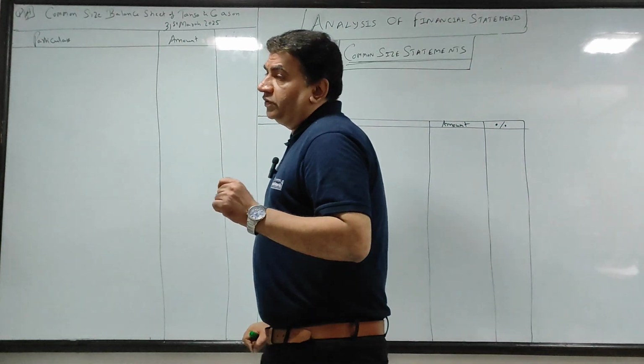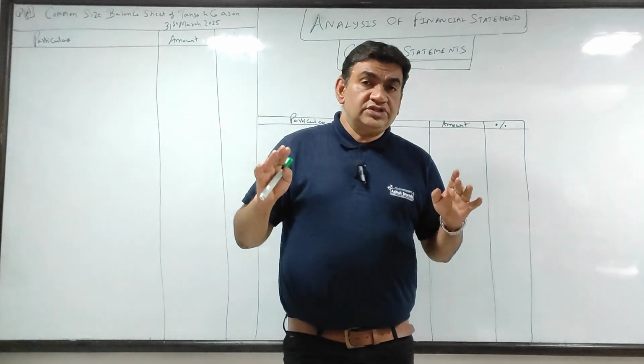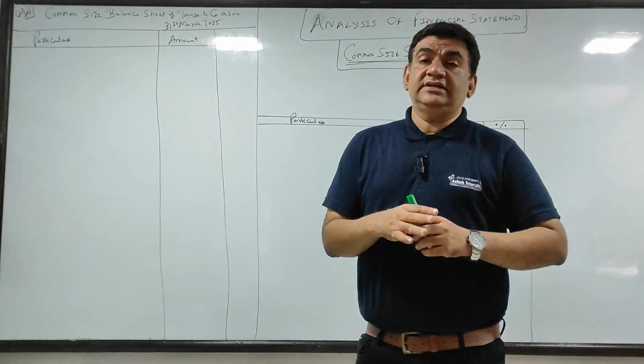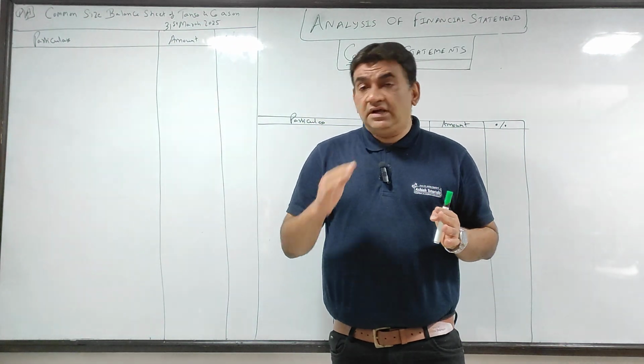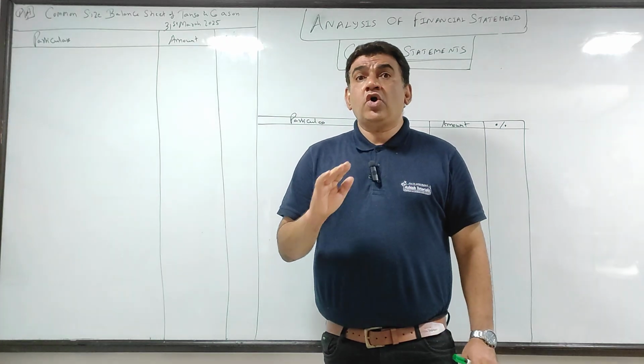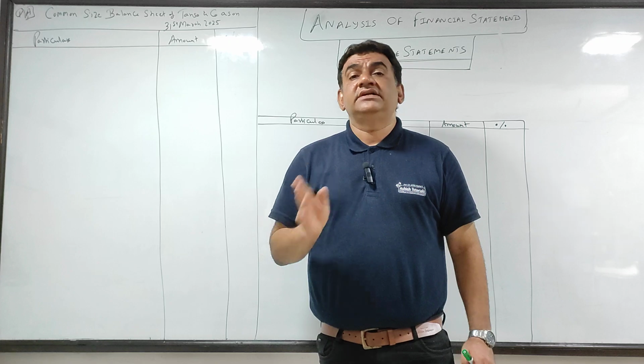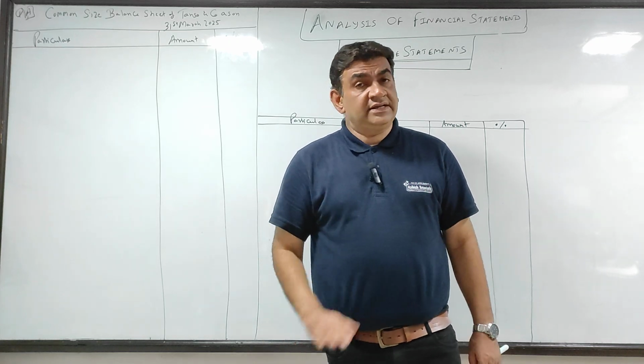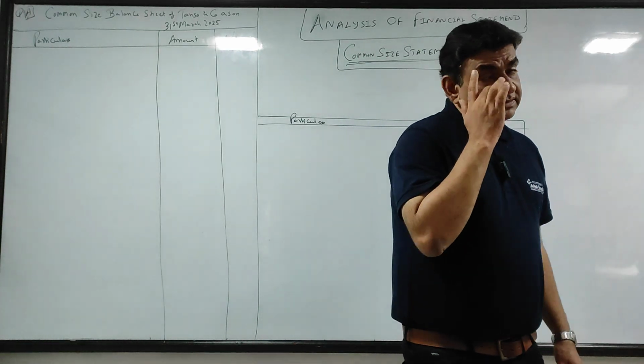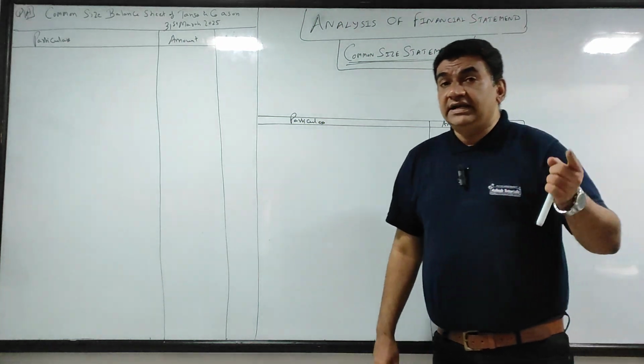So to make the concept more clear, in this session I'll be taking two sums. One, we'll be doing common size balance sheet, and in the second, continuing the same session, we will take income statement. Conversion part is same, the calculation will differ.